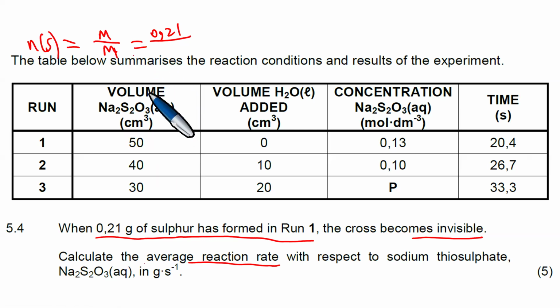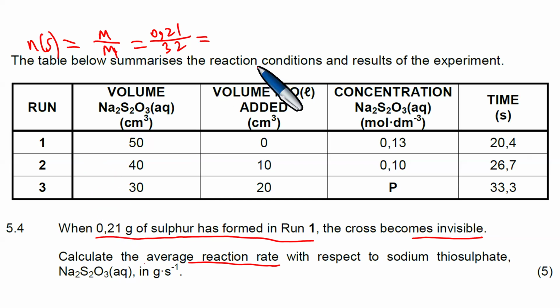For sulfur, the molar mass is 32 grams per mole, from the periodic table of the elements. So, 0.21 divided by 32.